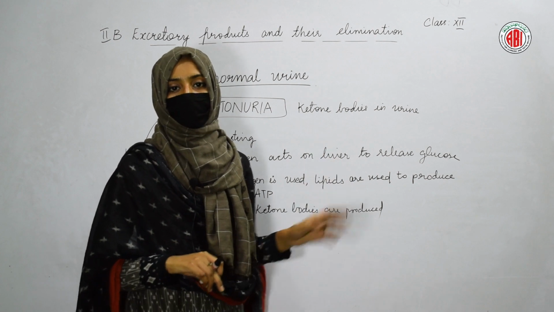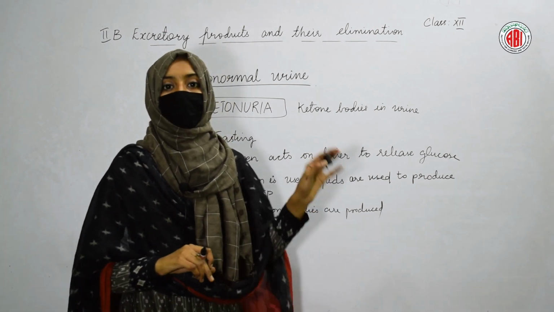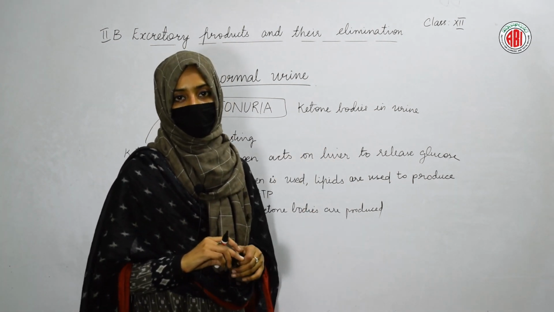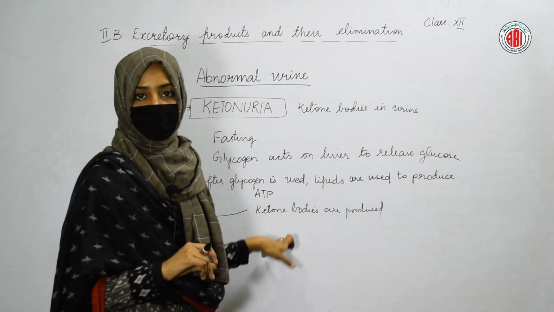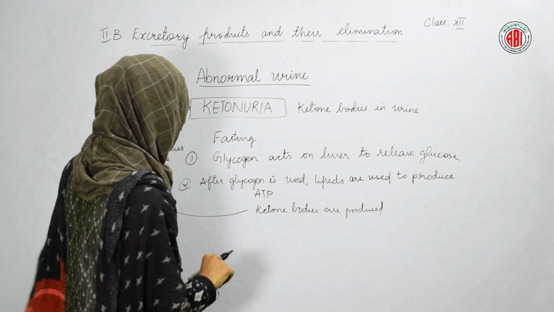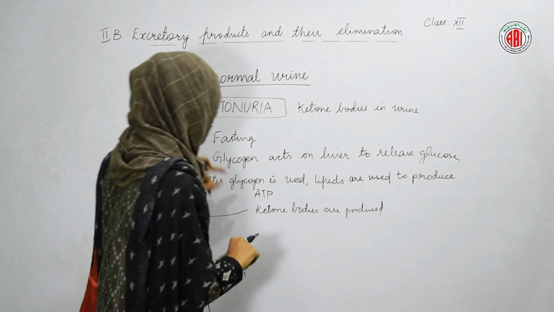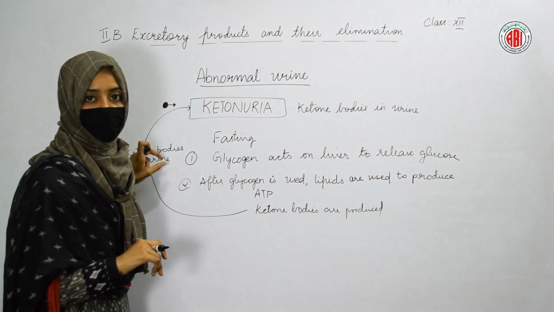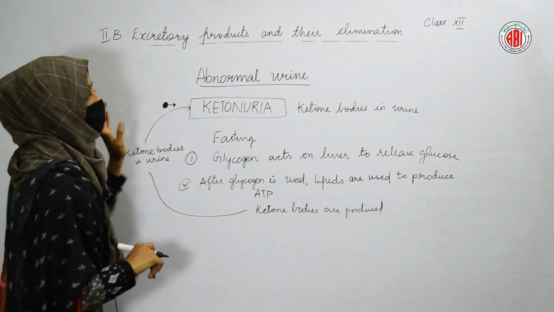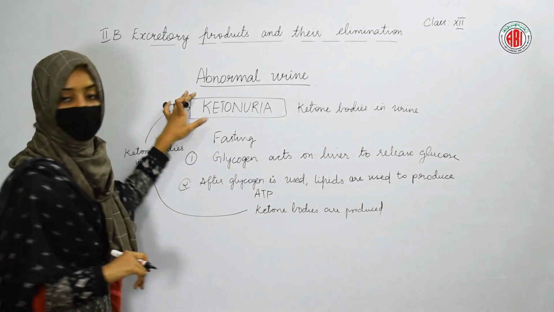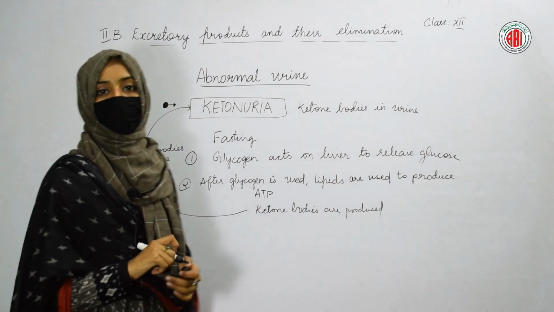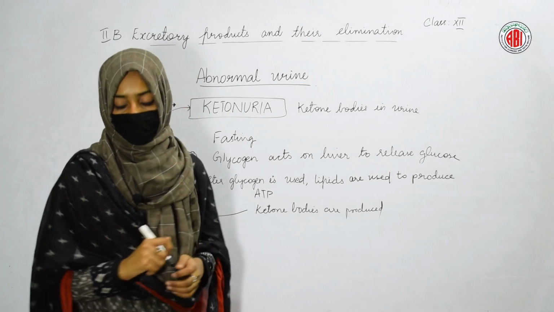And during the formation of ATP by the utilization of lipids, ketone bodies are produced. These ketone bodies can be released out of our body in urine. So the presence of ketone bodies in urine is termed ketonuria. This is also an excretory disorder.